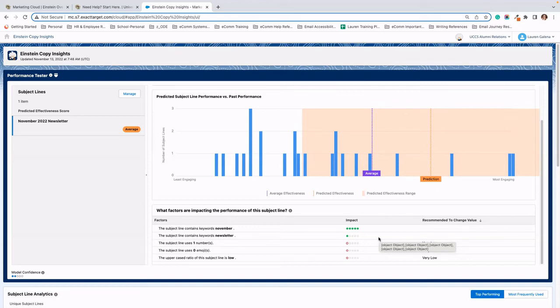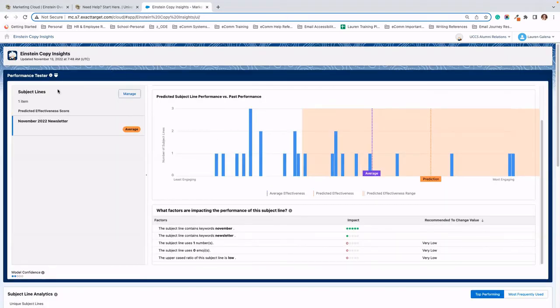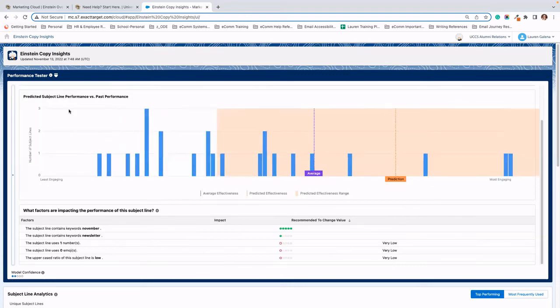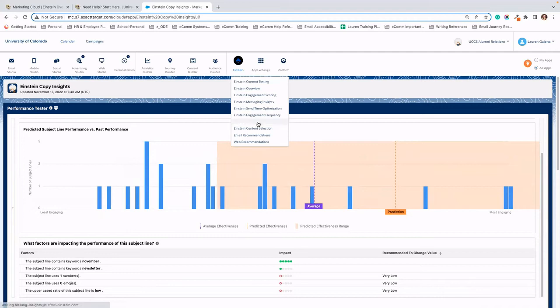You can also test up to 10 subject lines.